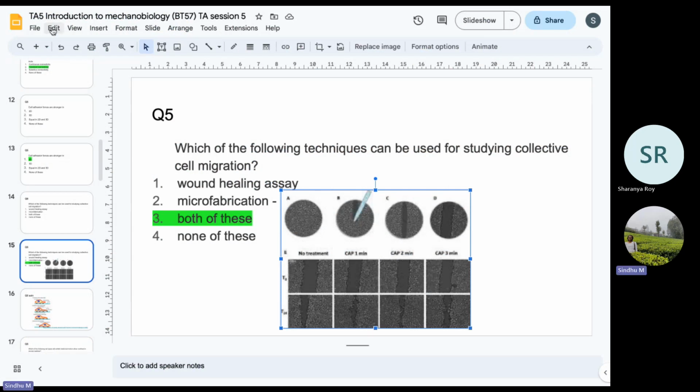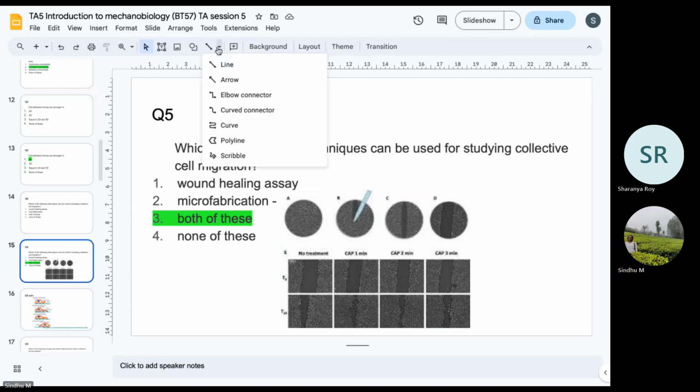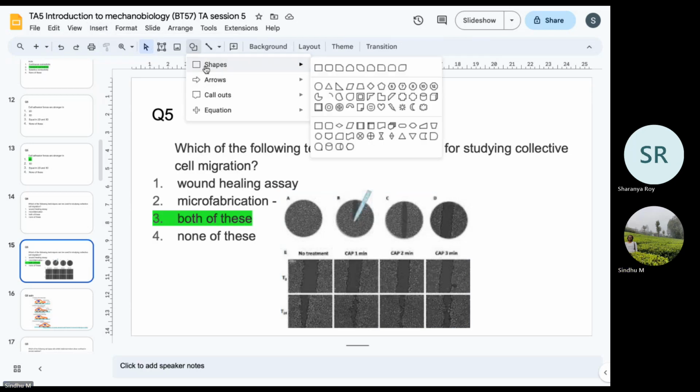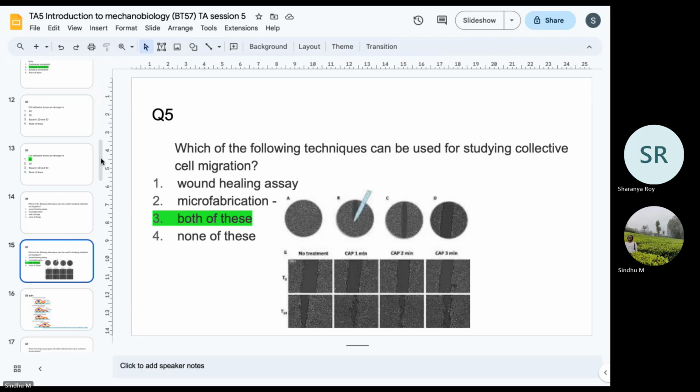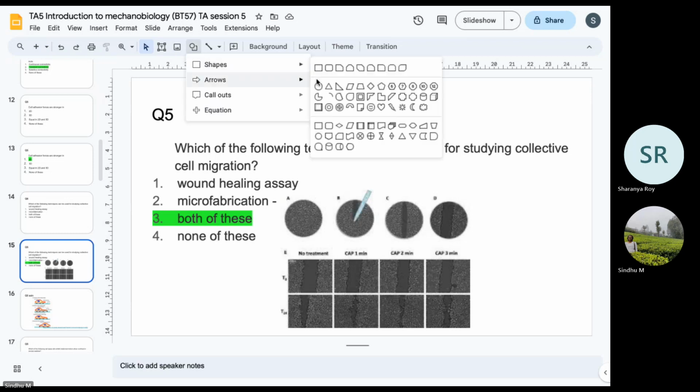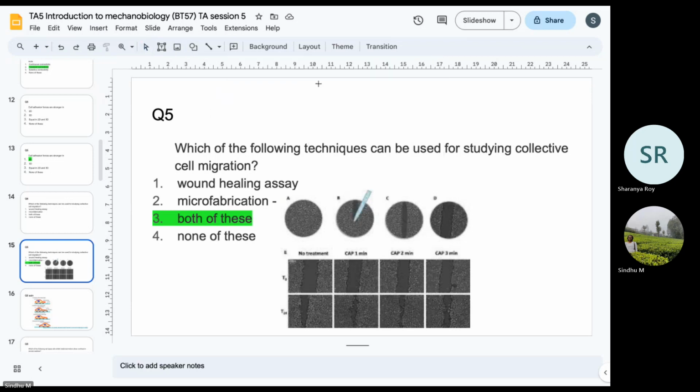But if there is PDMS, suppose this is the glass bottom dish. Before seeding the cells, you will make a PDMS shape which is covering half of the dish. Or depending on the experiment, you can change the shape of the PDMS.